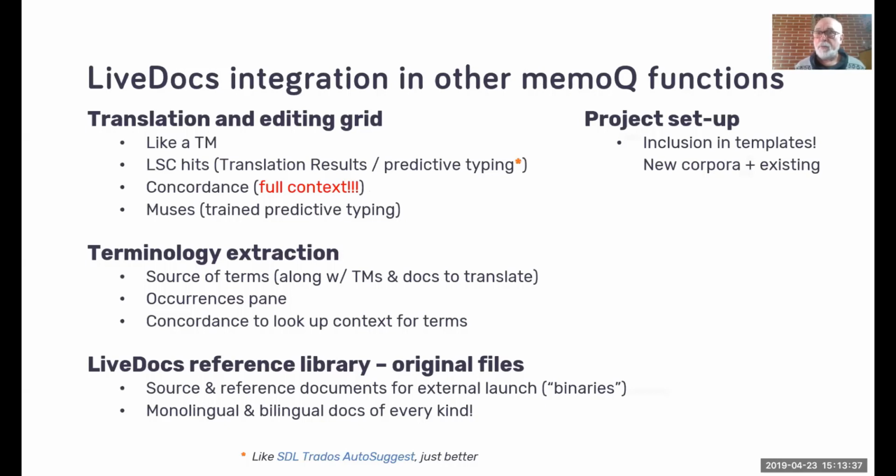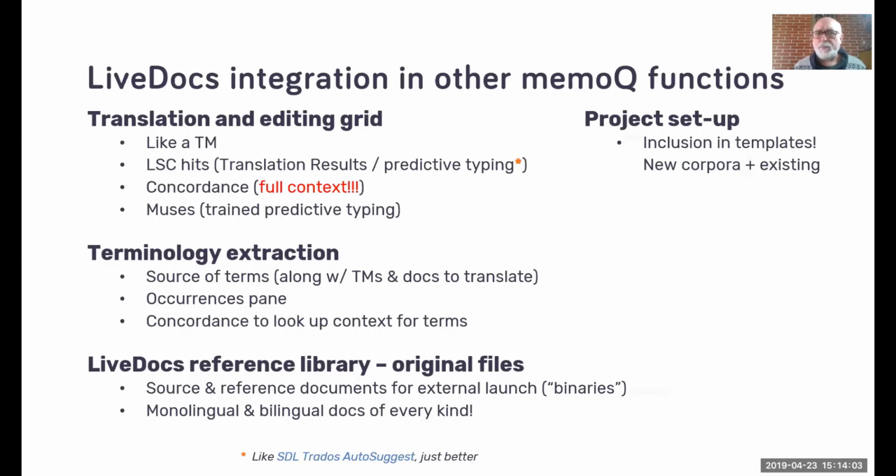Another area of memoQ that LiveDocs integrates with is the terminology extraction module. And we're going to see an example of that later. And there you can use a collection of documents, both monolingual and bilingual, to look for terminology.